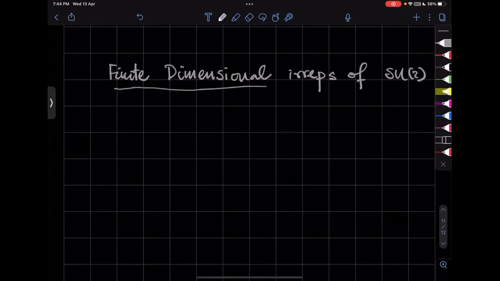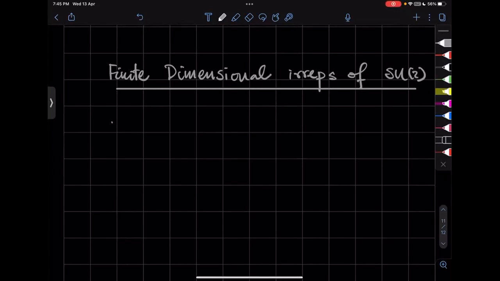And those of you who have done quantum mechanics, you know how this is done. But what you don't know is that this forms the backbone for the representation theory of all the Lie algebras. So it's worth reviewing it again, okay?